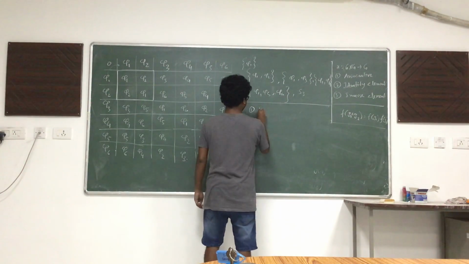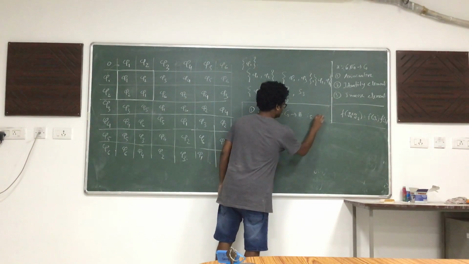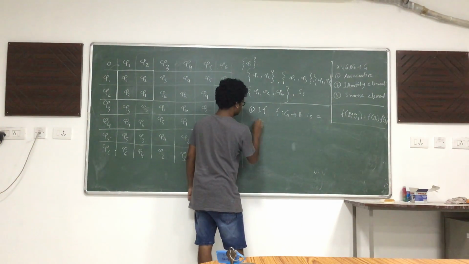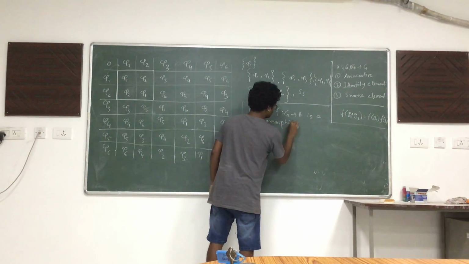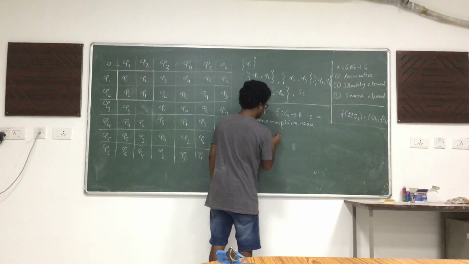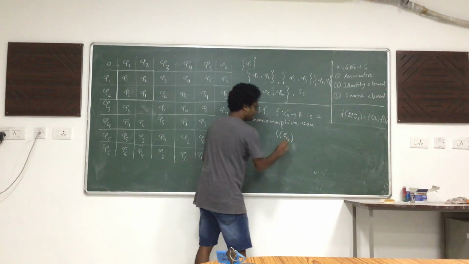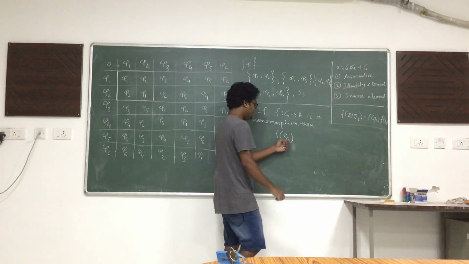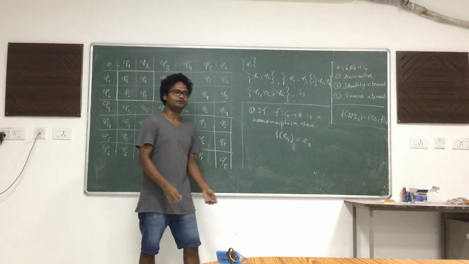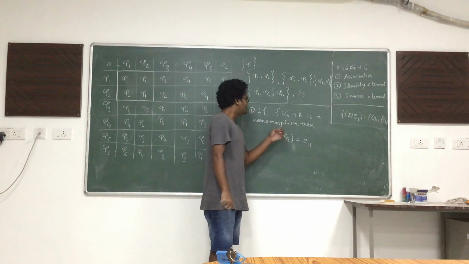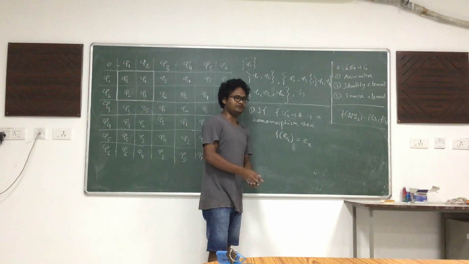Property 1 says if f from G to H is a homomorphism, then f of E, the identity element of the group G, has to be the identity element of the group H. That means the identity element will always be mapped to the identity element of the other group.